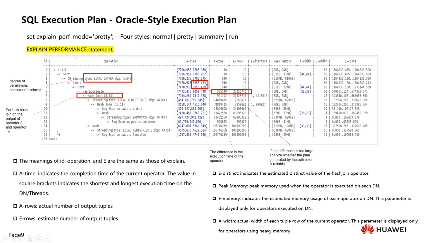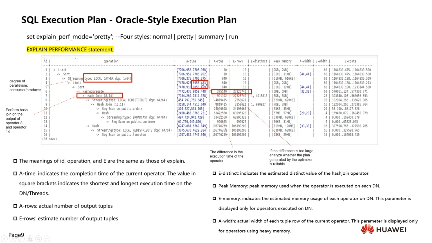And the A-Time has two values in its brackets. The first is the time for the first thread to complete this operation, and the second is the time for the last thread to complete this operation. If we want the total time for the operation, we simply take the difference between the execution times of the operators.